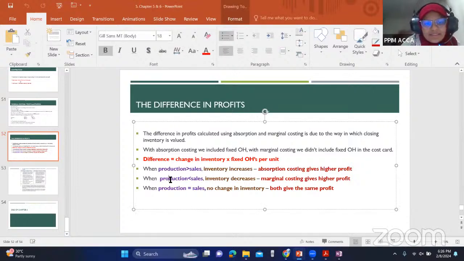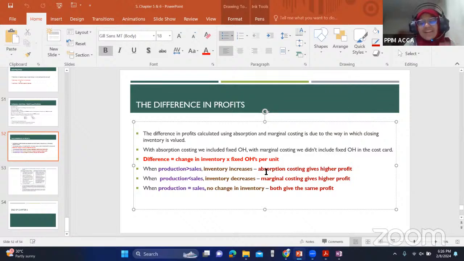These three things, I can explain the logic behind this, why when production increases, inventory increases, and why absorption gives the higher profit. If you had come for a lecture, I would definitely explain the logic, but that is never examined. They never examine why absorption gives higher profit when inventory increases.